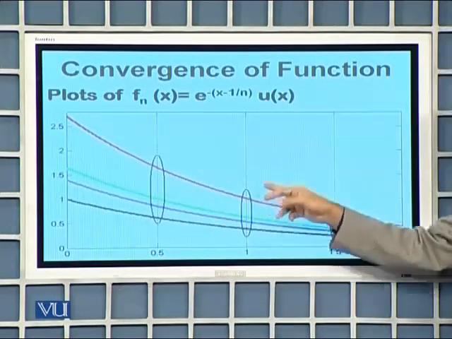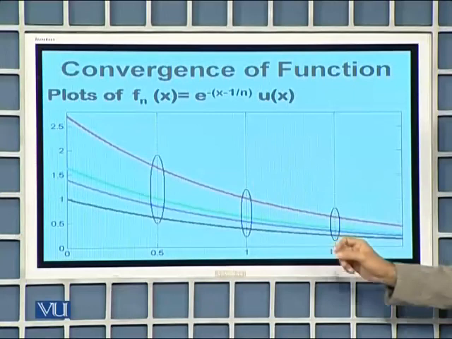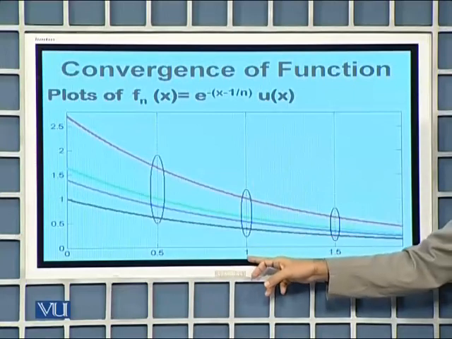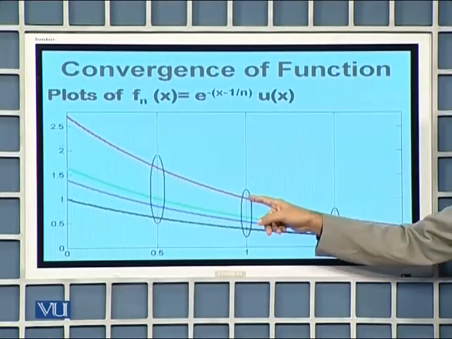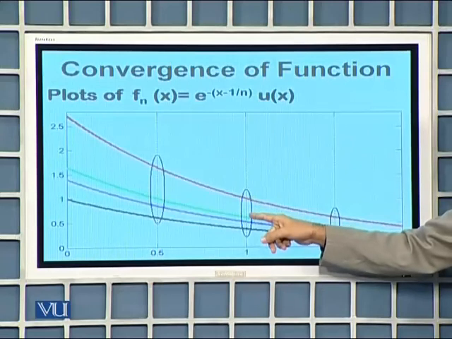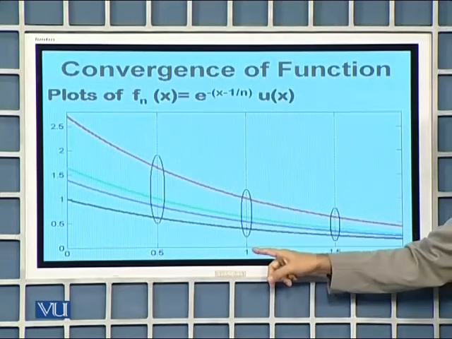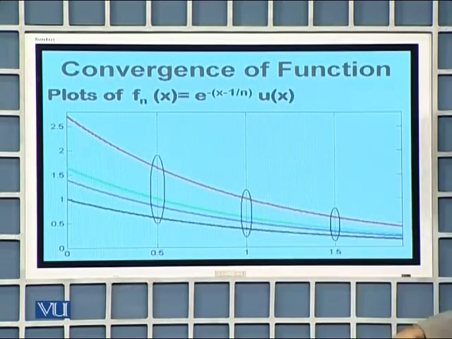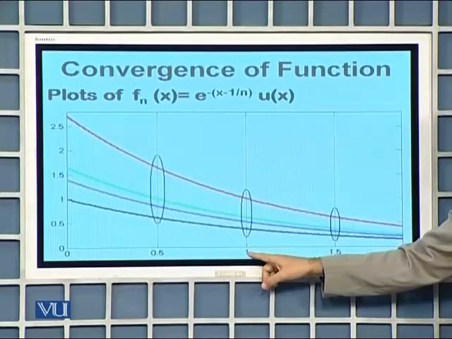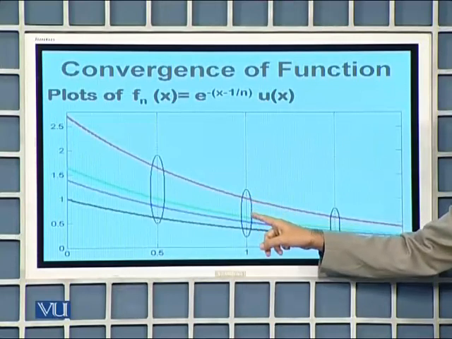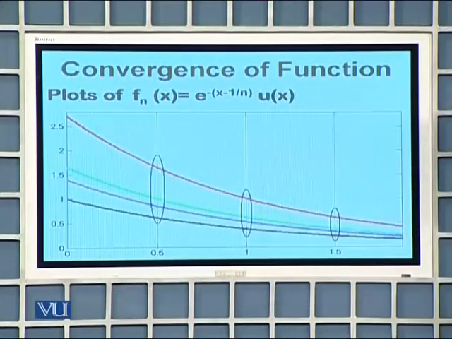This second area also shows that if you take a domain value of 1, the value of the first function will be this value, which is 1. The other values will be smaller, and this sequence of numbers obtained by evaluating all these functions at x equal to 1 will give you a sequence of numbers which converge to this value.